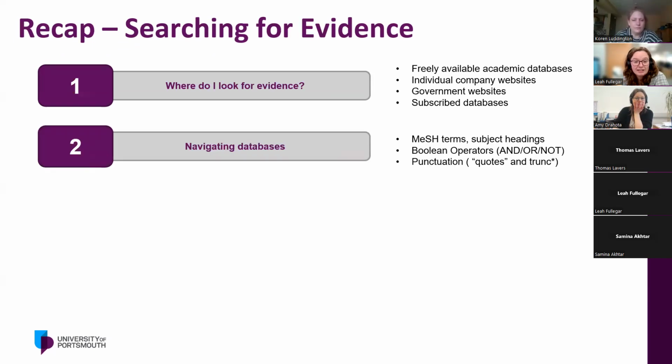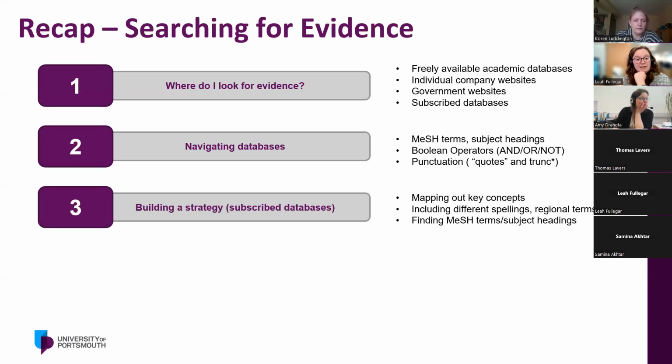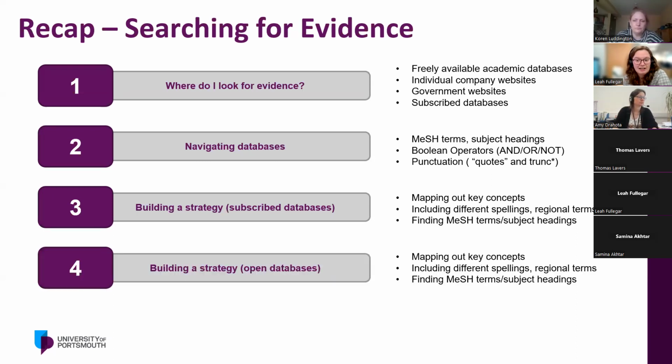We looked at how we'd navigate databases using MeSH terms and subject headings and Boolean operators. We looked at how we'd build a search strategy, how we'd map out key concepts, different spellings, regional terms, and building a search strategy on open, freely available databases.